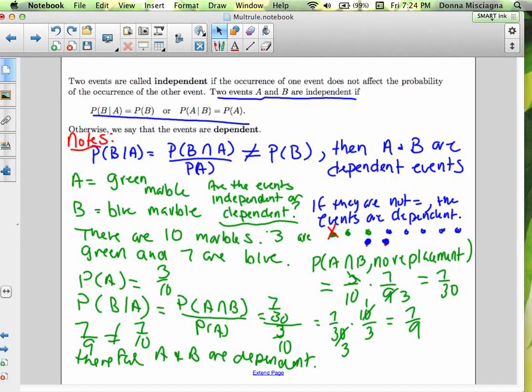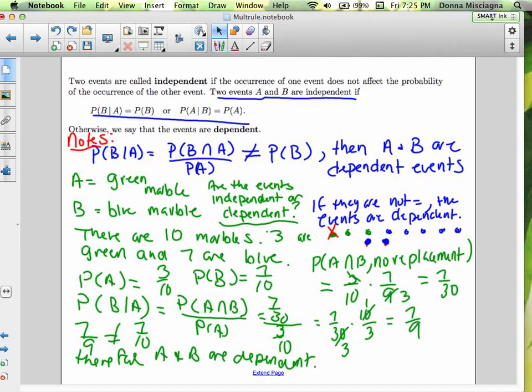So there, the probability of getting the blue marble given the, oh, I know why I had it up here. I did need that up here, the actual probability of B. I didn't need it for the conditional probability formula, but I do need it for the last part.